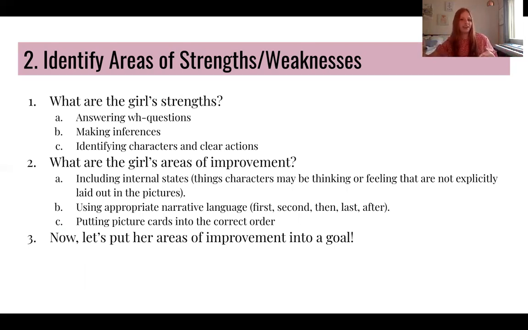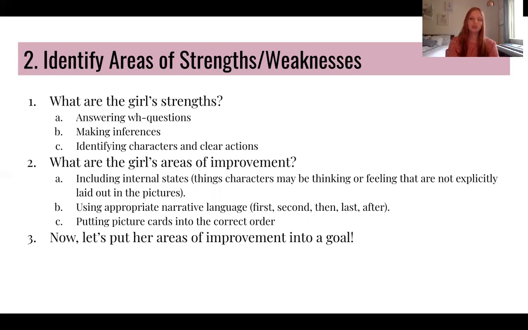that next step. So some of the girl's areas of improvement are including internal states, so things that the characters may or may not be thinking or feeling that aren't explicitly laid out in the pictures, and using appropriate narrative language such as first, second, then, last, after, instead of just saying and then, and then, and then.